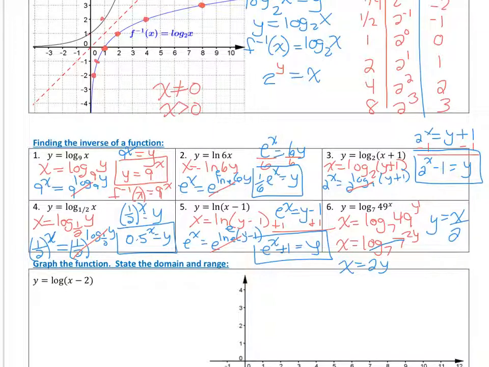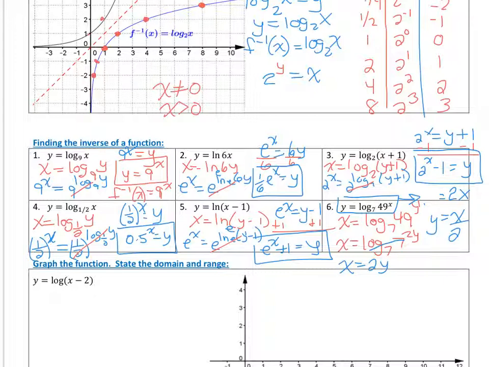And let's just rewrite this one here so you could see how this original function is written in a simplified form. This is y equals log base 7 of 7 to the 2x. So this is y equals 2x. Hopefully you could see here, I'm going to rewrite this just to avoid any kind of confusion.